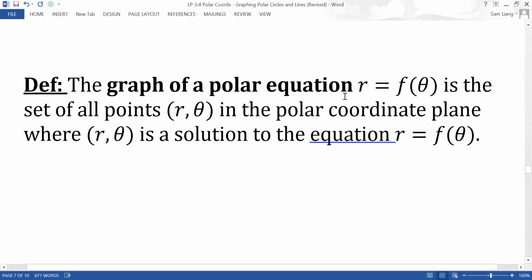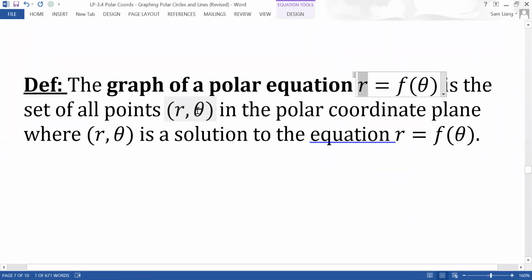So a function like that would be like f of x equals x squared, right? Here we have r and theta, but just note that the dependent coordinate here is r, right? So you plug in theta, you plug in the angle into the function, and then you get out r, okay?